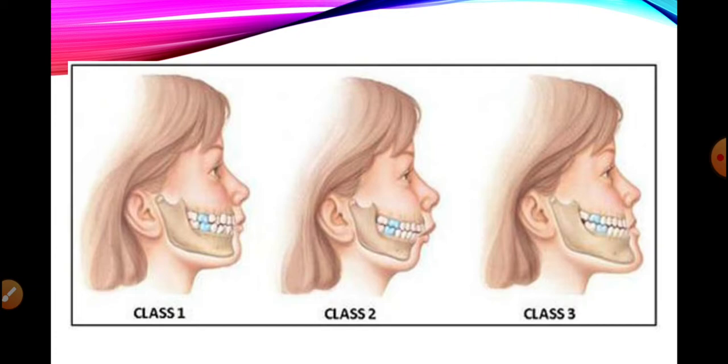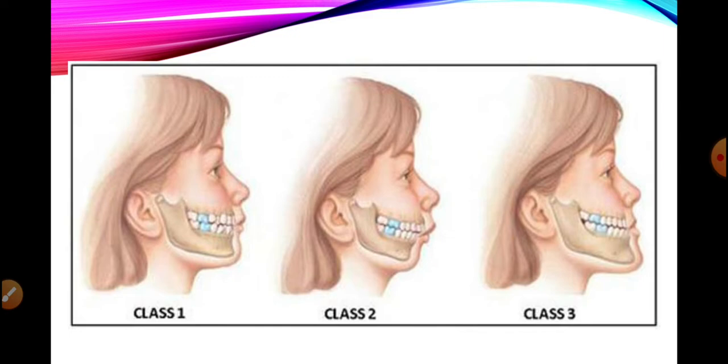Now today we will be discussing malocclusions. As the name suggests, malocclusion is any disharmony or change in the relationship of the dental structures or the occlusion. Therefore, we will not be discussing the skeletal classes, we'll be discussing the dental classification of occlusion.